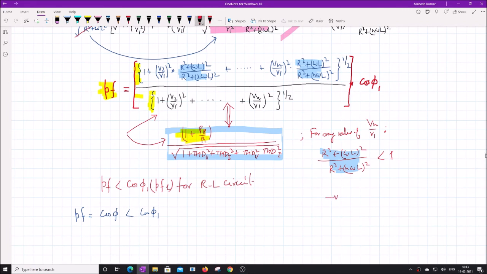So now for R and C circuit, the only difference is that the impedance will change.